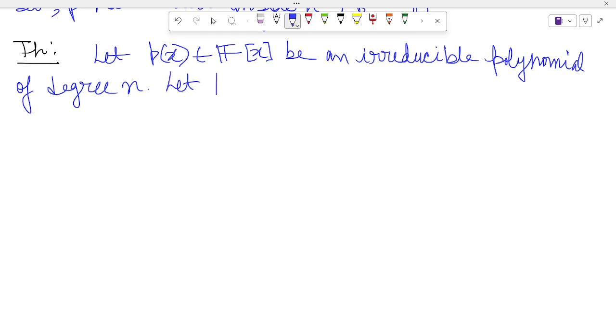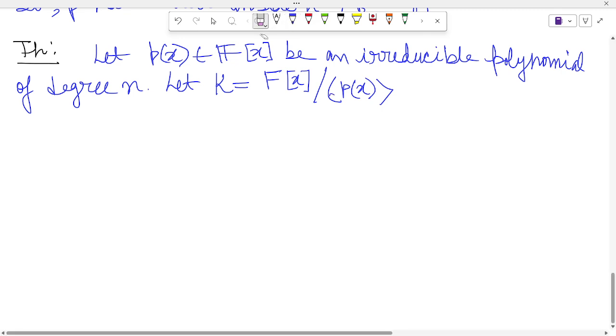And let K equal F[x] modulo p(x). It is a field. That is a field K equal to this.